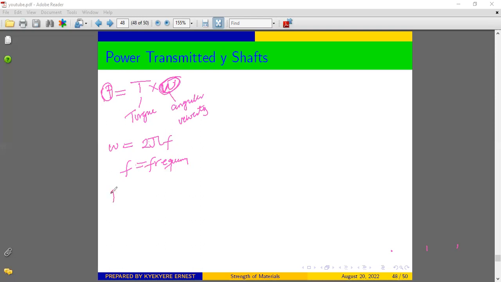So from there, our power will be equal to 2 pi f T. So this formula can also be used for finding power. The unit for the frequency is 1/second, which is referred to as hertz.